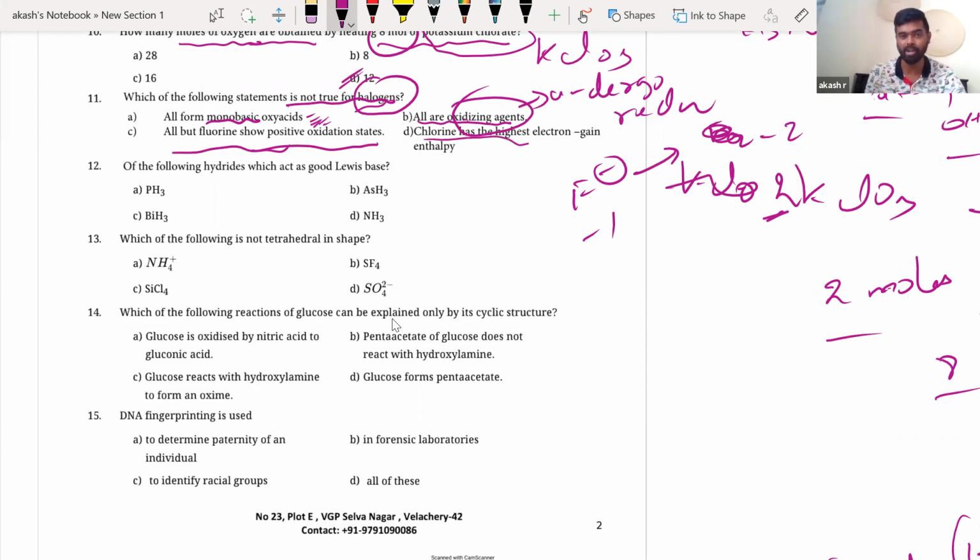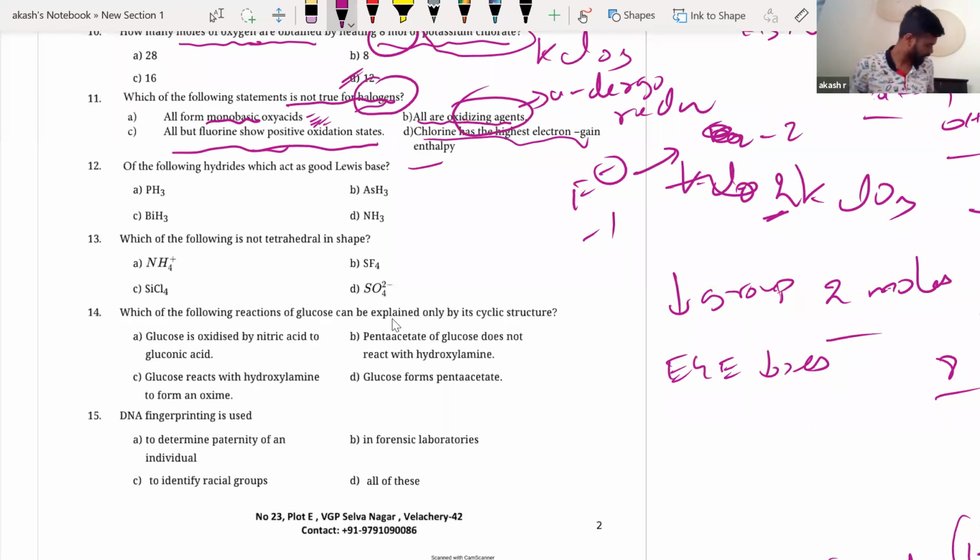Chlorine has the highest electron gain enthalpy. Yes, right. Generally, we say when I go down the group, electron gain enthalpy decreases. So we expect fluorine to have more electron gain enthalpy than chlorine, right? But this is not true.